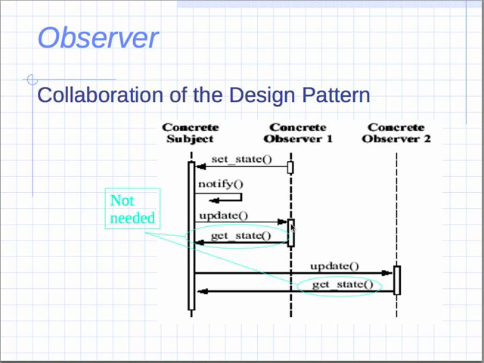So it'll call the update method of this object, and then the update method of this object. In return, you might do something like get state. For example, if you're talking about mouse listeners, you might want to get the X and Y coordinates. That would be part of the state of something that listens for mouse coordinates.